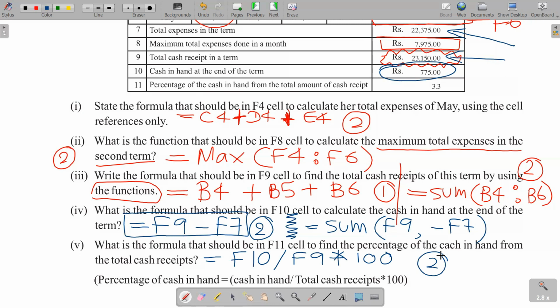So 10 marks for the entire question. See how much you got out of 10 and send me the marks as well. And I want you to quickly go through the third question, the word processing question. Right, Dilendya, okay.